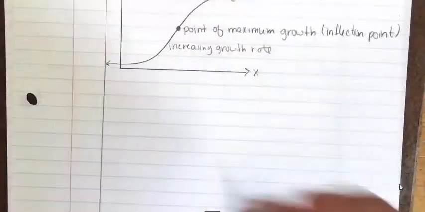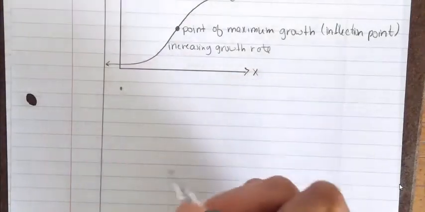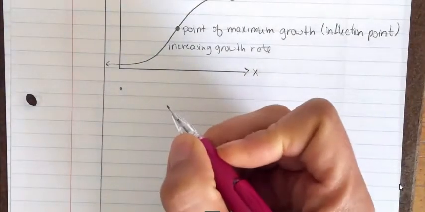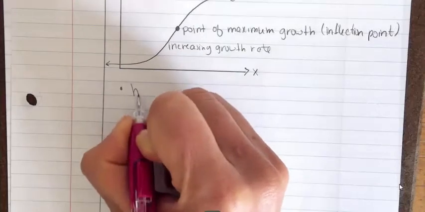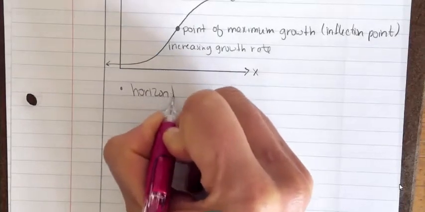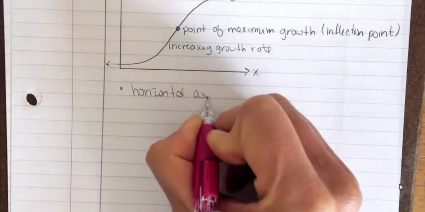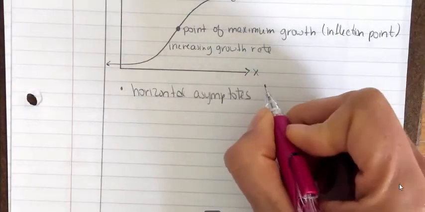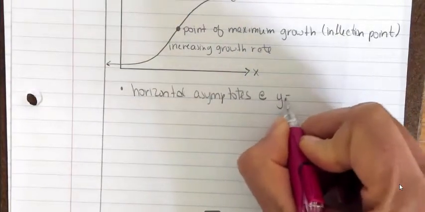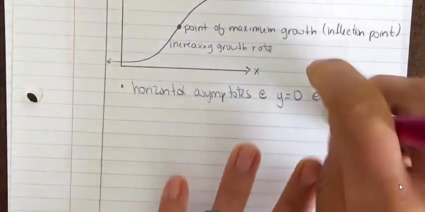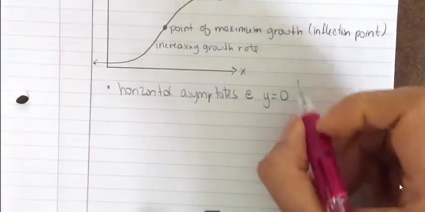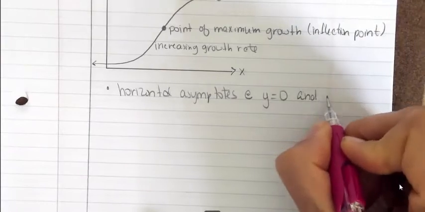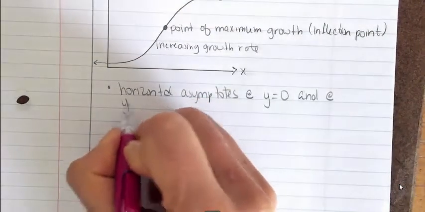Let's talk about its characteristics. You have horizontal lines at y equals 0, so we'll call those horizontal asymptotes, and at y equals c.